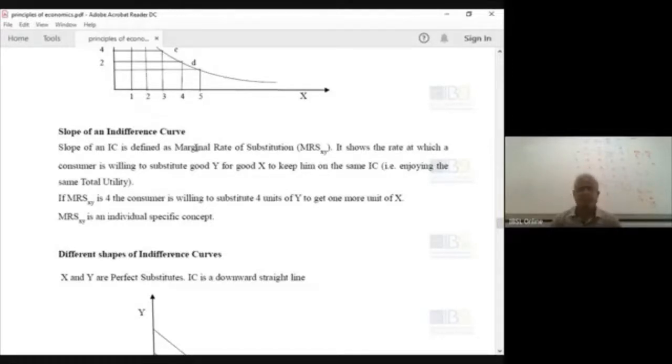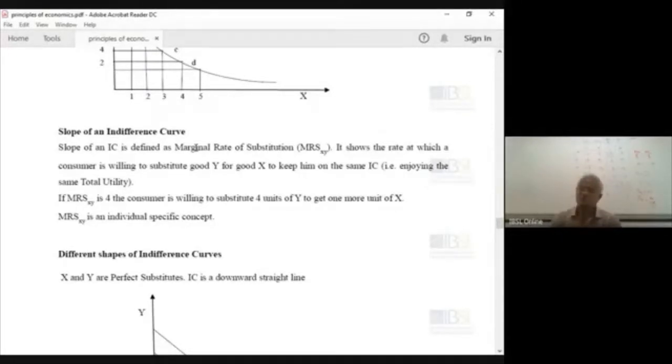I will explain that again. The MRS is 4. Let's say MRS between two goods for a consumer is 4. What does that mean? Consumer is willing to give up 4 units of Y to get 1 unit of X and maintain the same satisfaction.